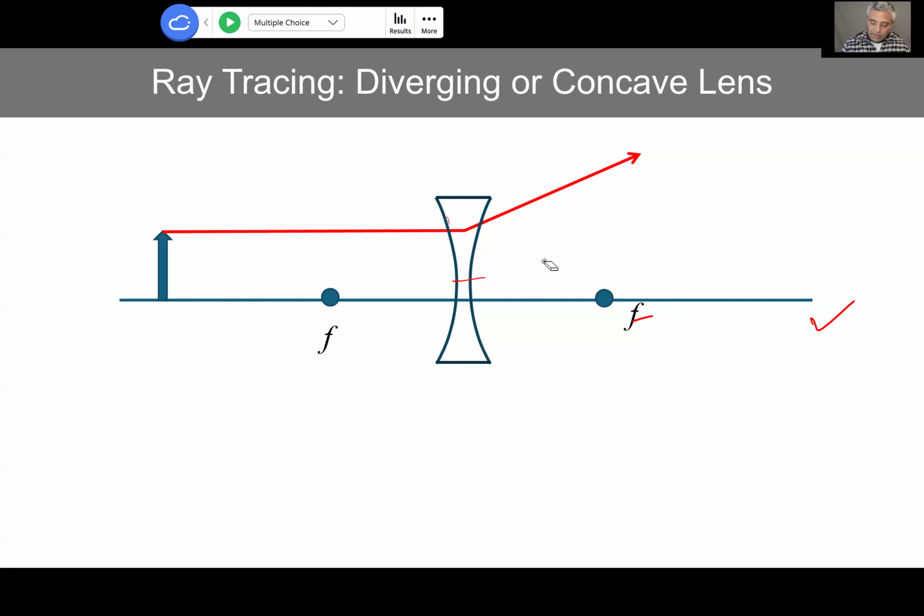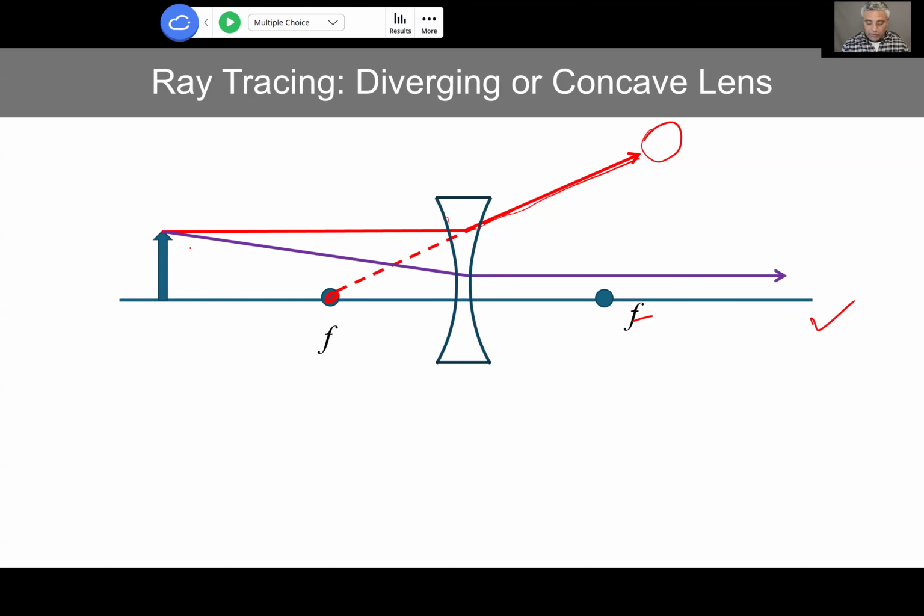So how do I know exactly whether it's going this way or that way? I drew it this way. If we look from this side, it appears as if it is coming from this focal point on the same side, okay? So that's what guides us as to which direction it should go.